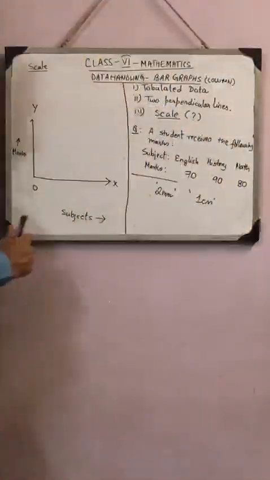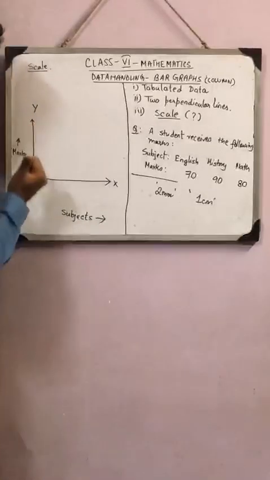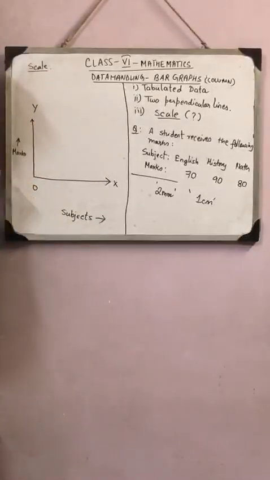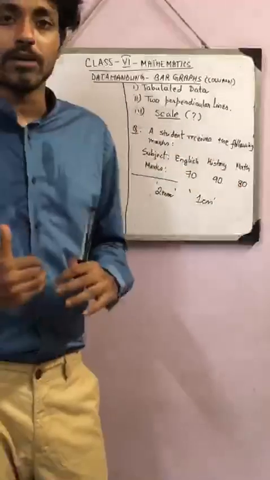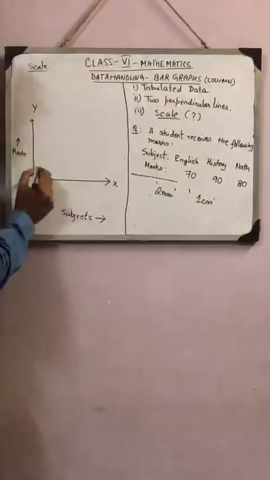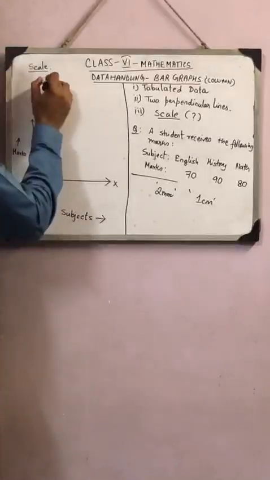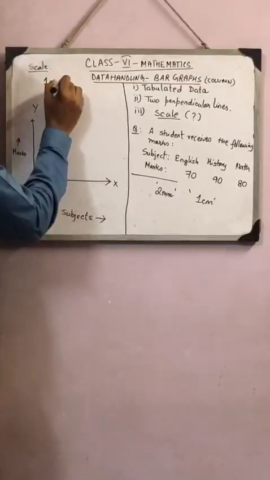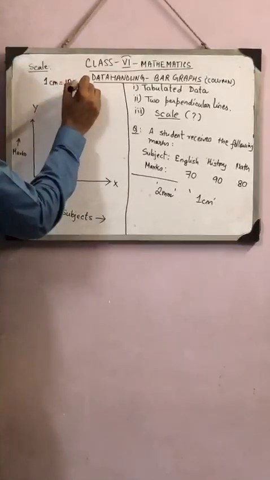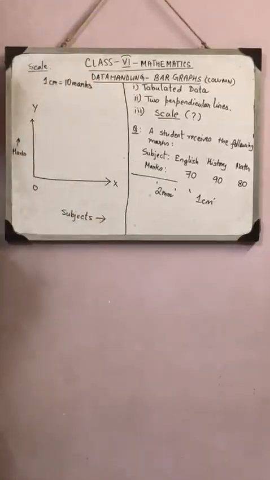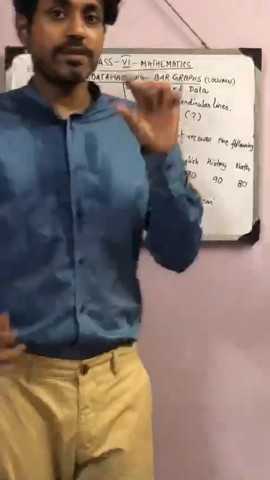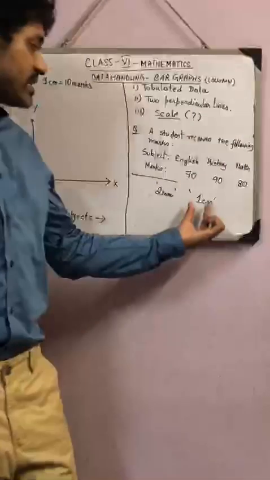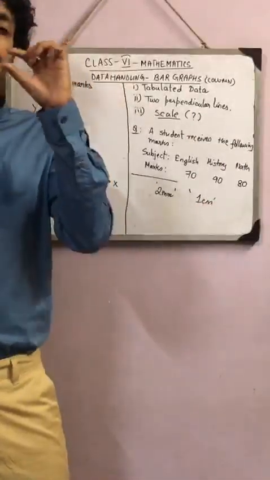The scale is about how to choose to start from the number 0 up to the maximum present here, and how to include all of the numbers. So from 0, say we are considering 1 centimeter equal to 10 marks. In the case of a 2 millimeter division, 1 centimeter will be 5 small boxes, and in the case of a 1 centimeter division it will be 1 small box.